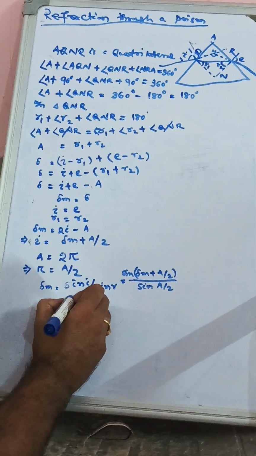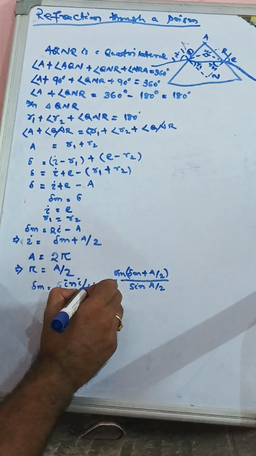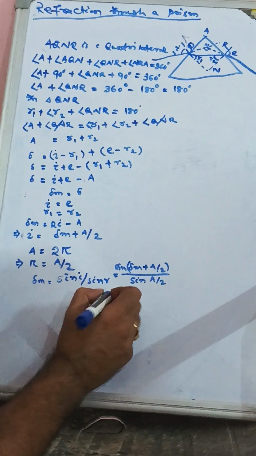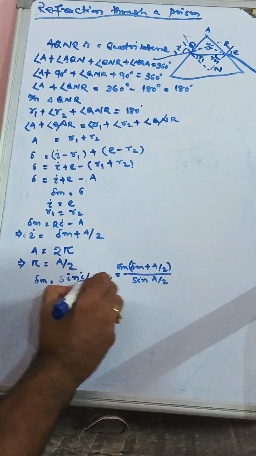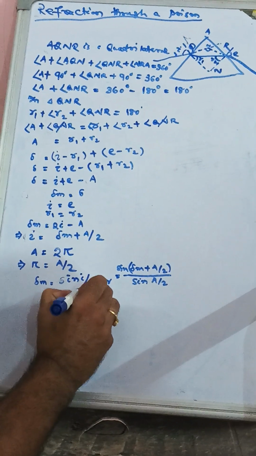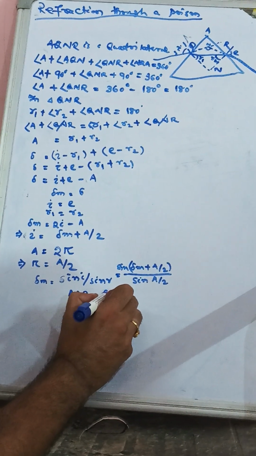If the prism is thin, then A tends to 0, then del m tends to 0.